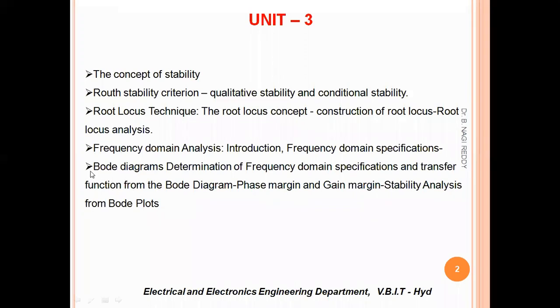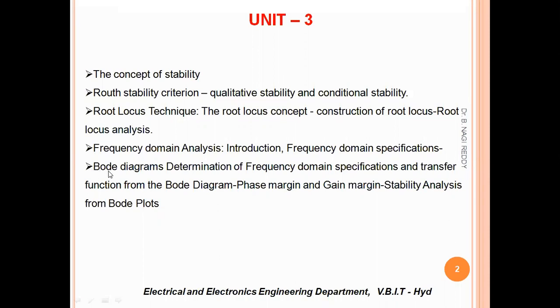The Bode diagram determines the stability in the frequency domain, whereas the root locus technique determines the stability in the S domain or Laplace domain, simply the S plane. With the help of a graph in the S plane, we will construct the root locus and determine the stability.